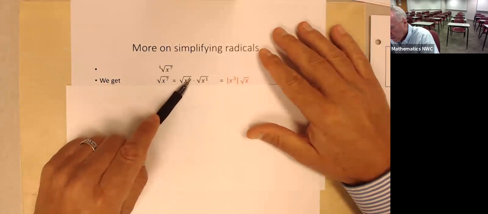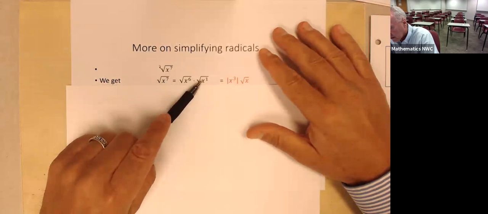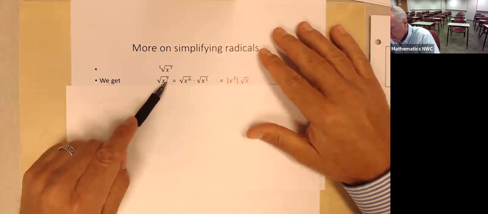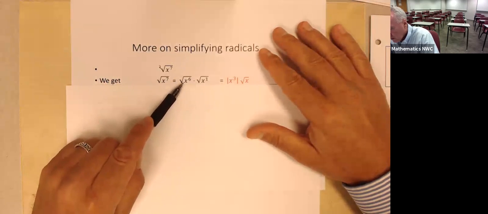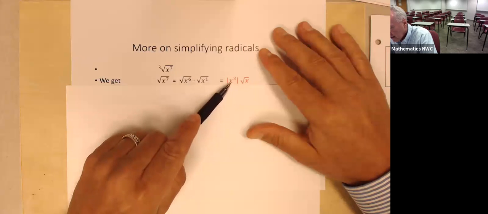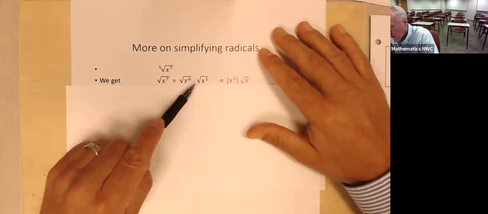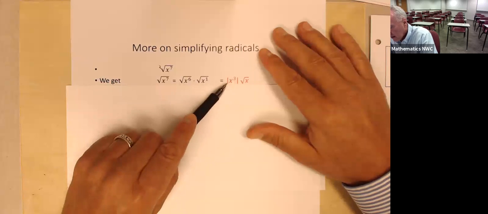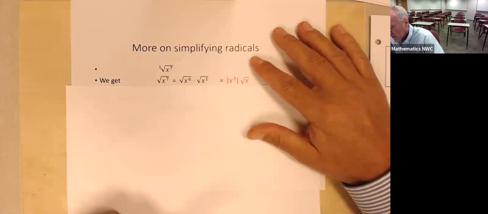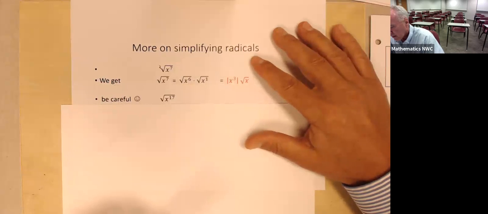Because when you multiply, you add the exponent. 6 plus 1 would have given you 7. But then the square root of x to the 6 is x to the 3rd. Because x to the 3rd times x to the 3rd gives you x to the 6th. And we needed the absolute value signs with that.